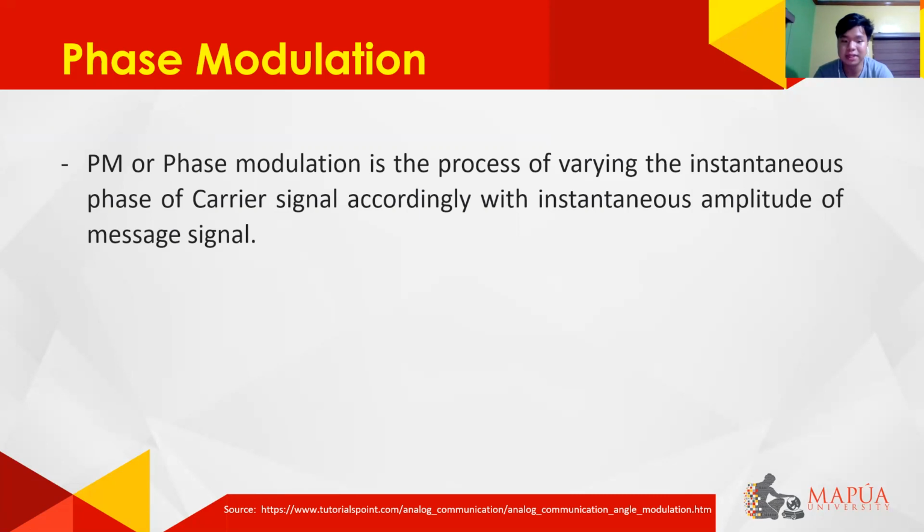When the amplitude is positive, the phase changes in one direction, and if the amplitude is negative, the phase changes in the opposite direction. So as the wave changes from positive to negative, the phase also changes accordingly.